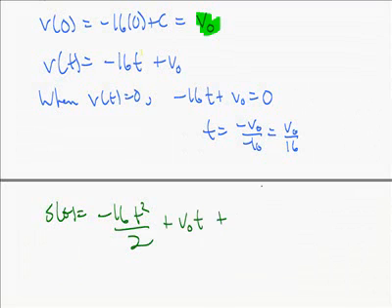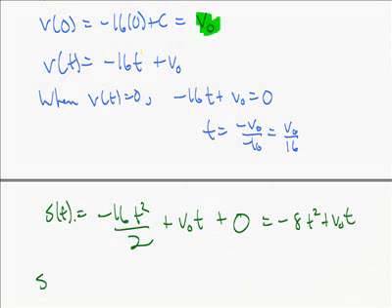Based on the information in the problem, if we let 0 be the position where the car hit the brakes, then we can just use 0 for this constant. So s of t is just negative 16t squared over 2 plus v naught t, or just negative 8t squared plus v naught t.